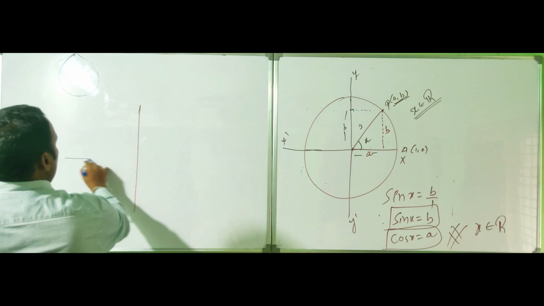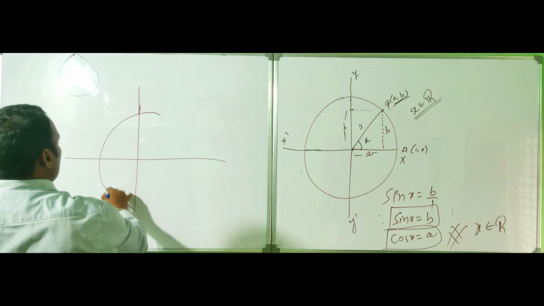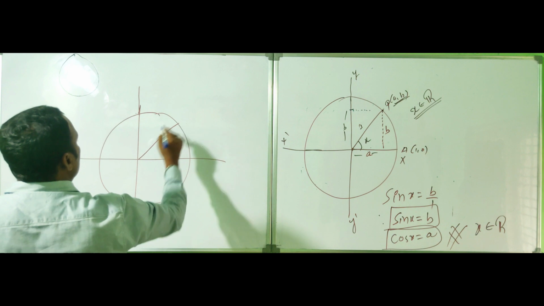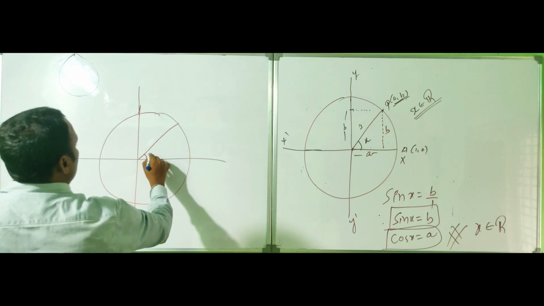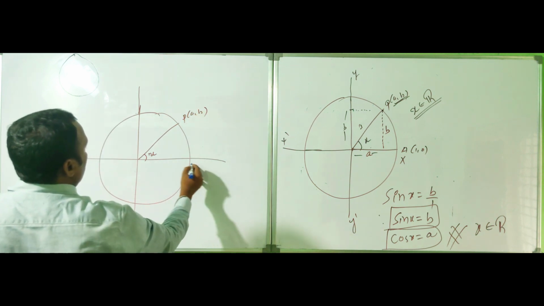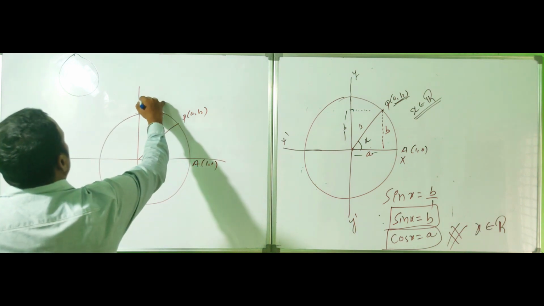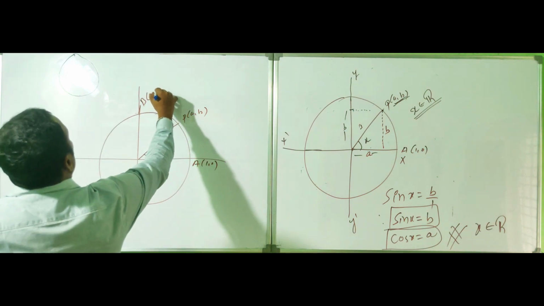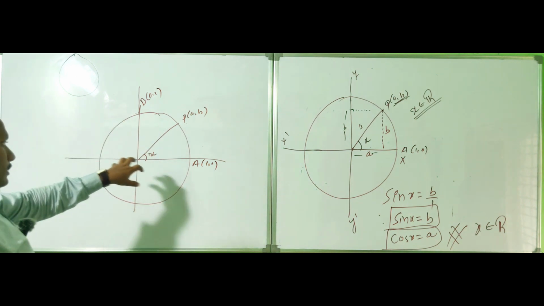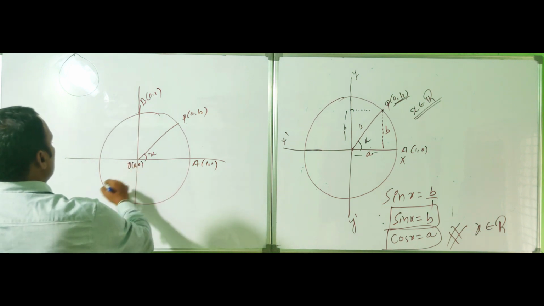Okay, this is the x-axis and this is the y-axis, and this is the unit circle of radius 1. This is the x. This is the point P(A, B). This is A (1, 0). This is B (0, 1). So y has 1 in it and x has 0 in it. The origin. This is the O, where each value is (0, 0).